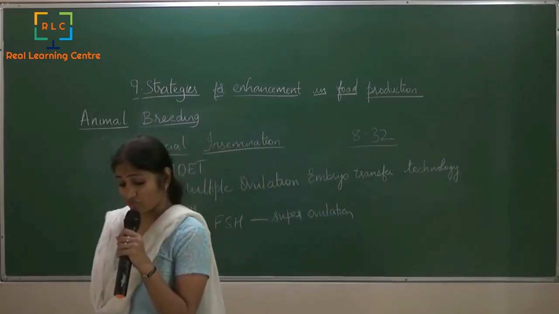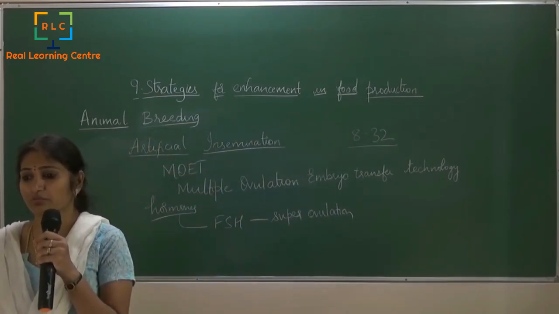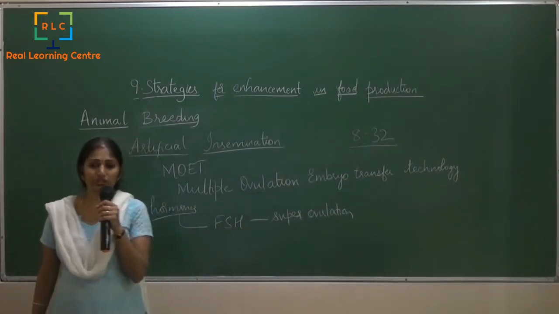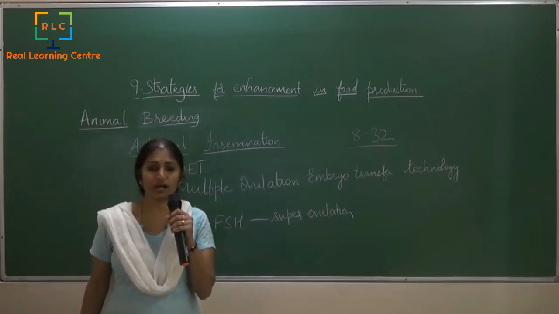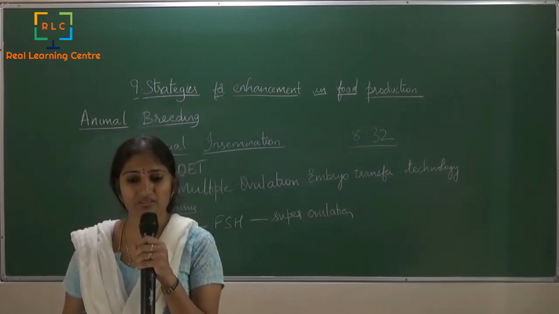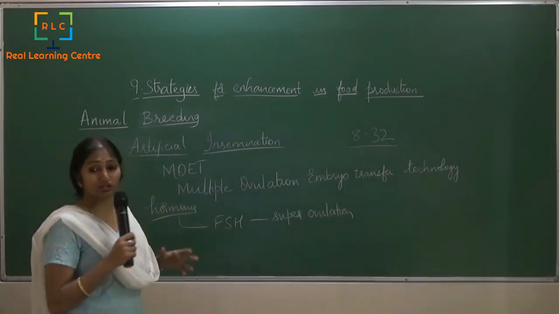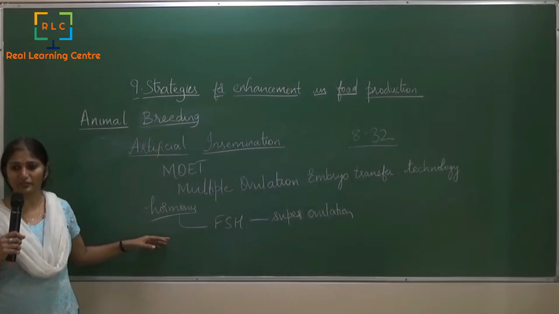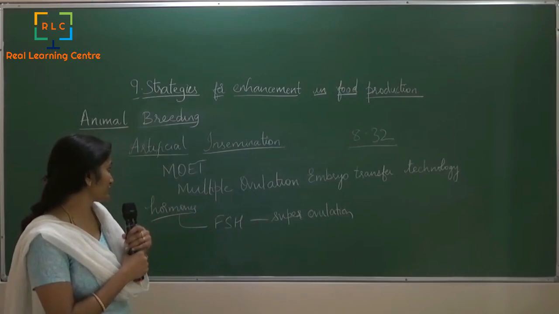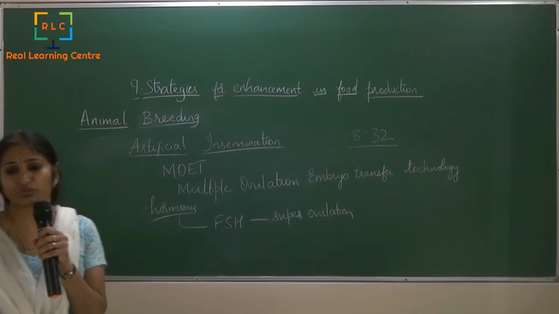This is not done only for cattle, it is done for sheep, rabbits, buffaloes, mares, and many others. Very commonly we go for high milk yielding breeds of females, and lean meat, low lipid meat yielding bulls. All these are bred in a very short time and their herd size increased by this technique, called MOET, or multiple ovulation embryo transfer technology.